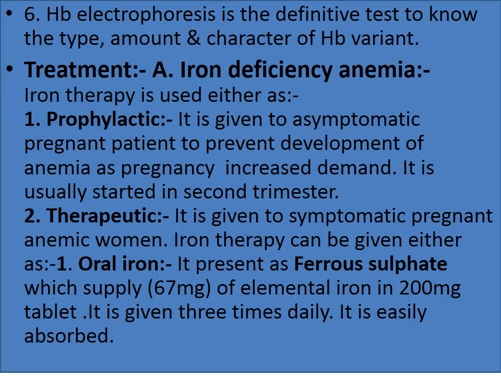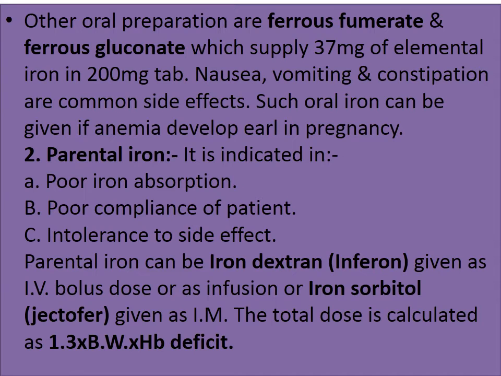Iron therapy can be given as oral iron, presented as a ferrous sulfate tablet, which supplies 67 milligrams of elemental iron in a 200 milligram tablet. It is given 3 times daily. It is easily absorbed.